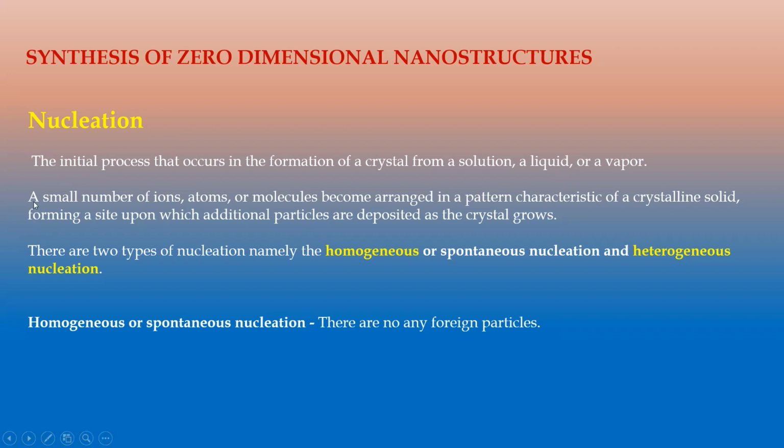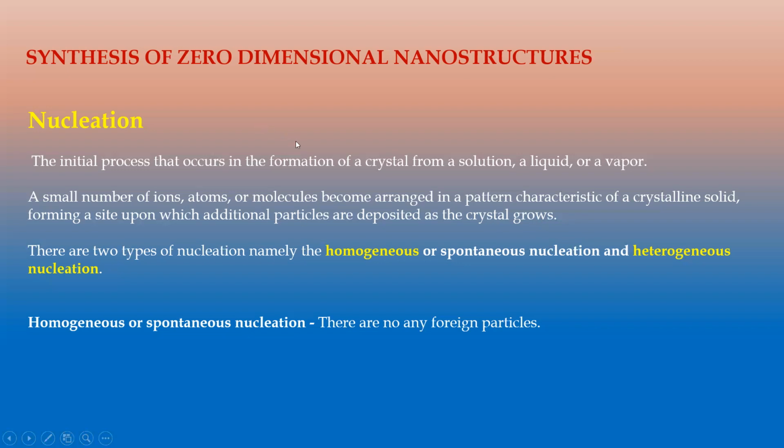So nucleation can be defined as a small number of ions, atoms, or molecules that become arranged in a particular fashion or pattern, characteristic of that crystalline solid. That nucleus has all the properties of that crystalline solid, forming a site upon which additional particles are deposited as the crystal grows.